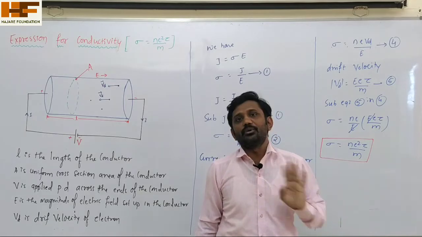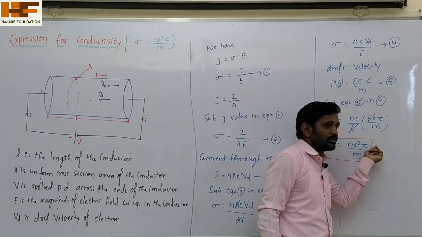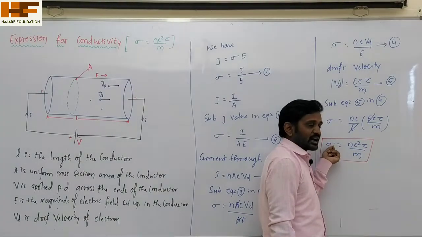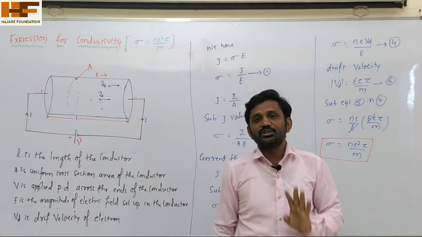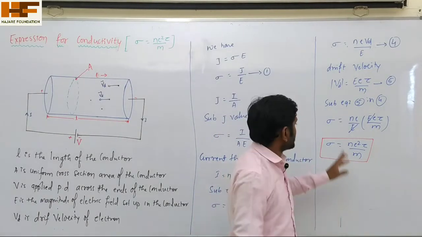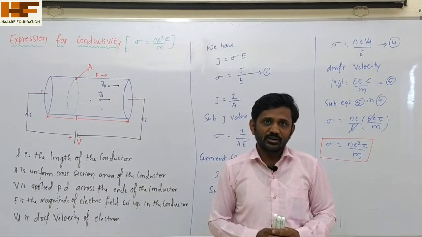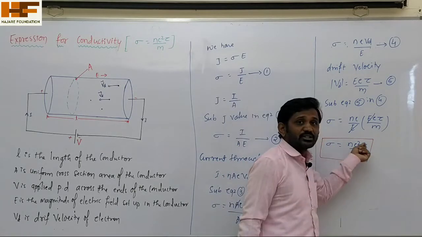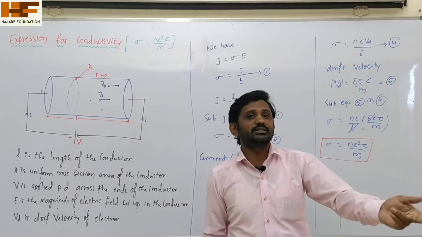If the temperature varies, then tau varies. That is why sigma, the conductivity of the conductor, varies with temperature. If the material is changed at a given temperature, the sigma value also changes, because the number of free electrons per unit volume of the conductor varies.